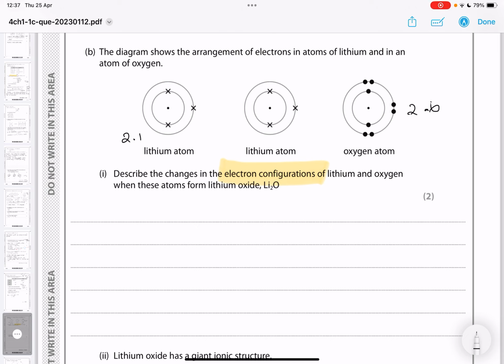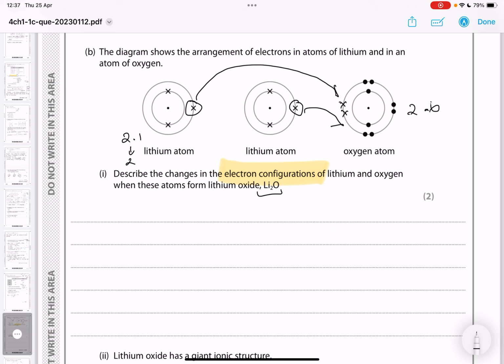Now, when lithium oxide is formed, remember the whole point of elements forming ionic compounds is that they want to get a full outer shell. So you want to achieve either 8 electrons in the outer shell or 2 electrons in the outer shell. So lithium donates these electrons to oxygen, and oxygen gains those 2 electrons. So the lithium atom changes from 2.1 to just 2, because it's donated that electron to oxygen.